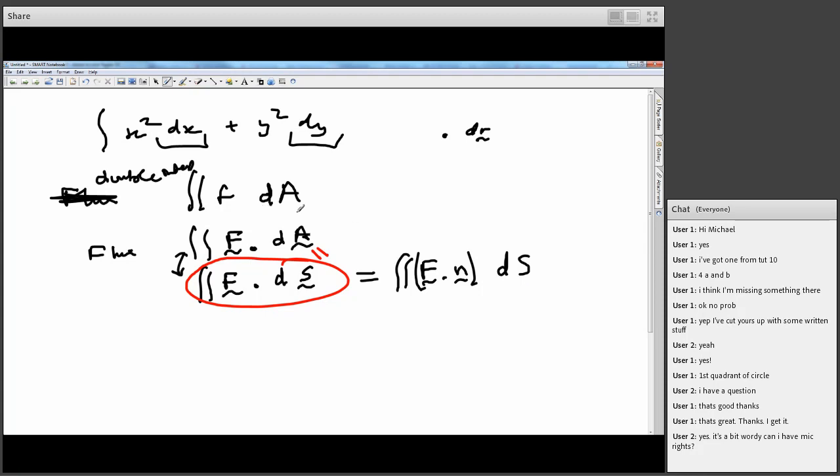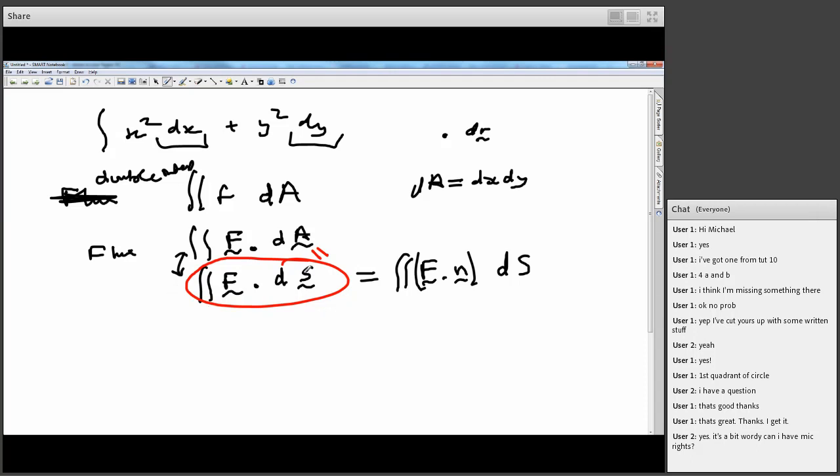Where dA, I normally, but you can see I'm slightly sloppy sometimes, try to refer to just dA as simply being a flat area, and so therefore can be resolved to say dx dy, but dS is a bit more complicated, you have to do some fancier stuff with. So that's a distinction.